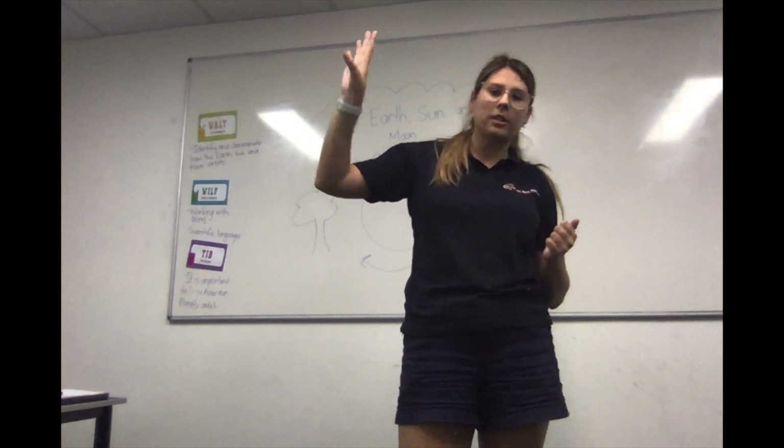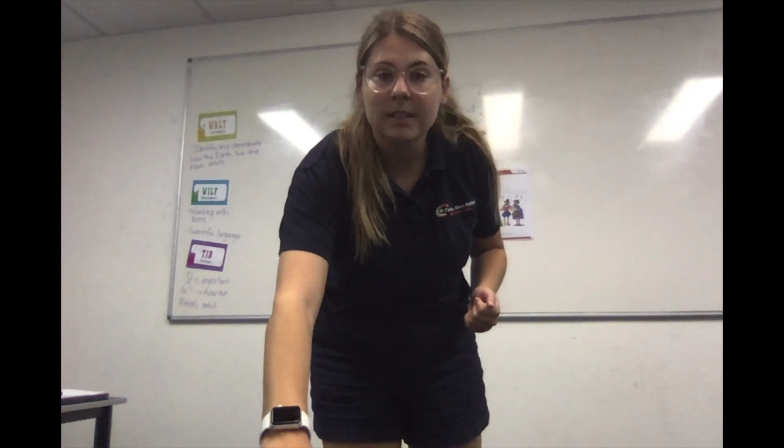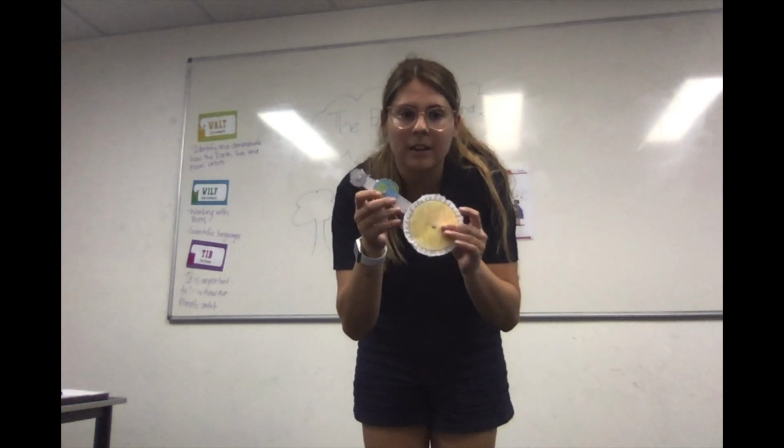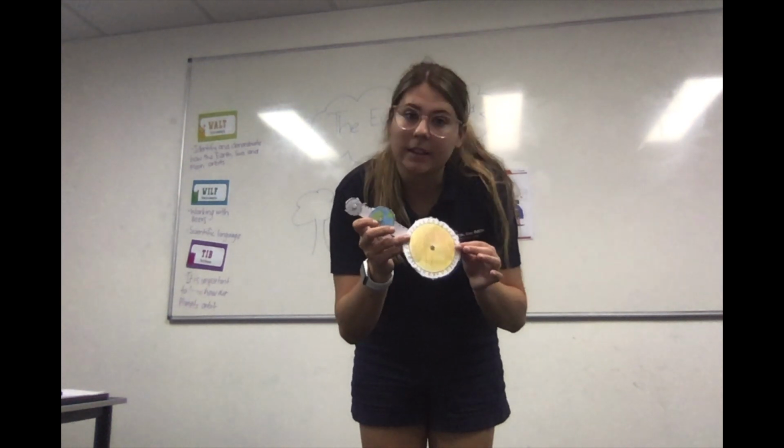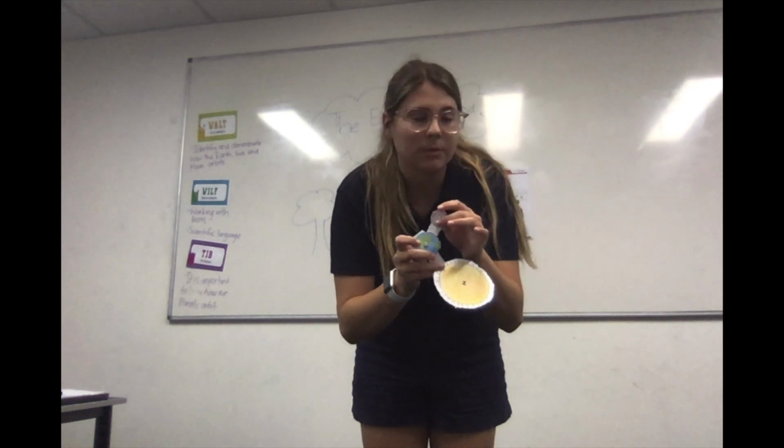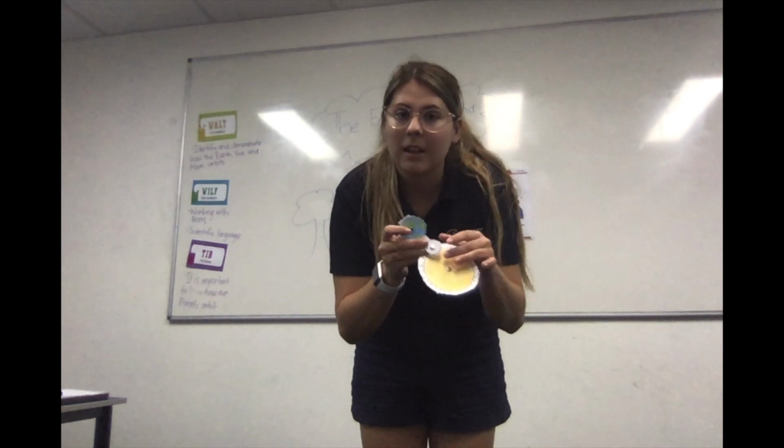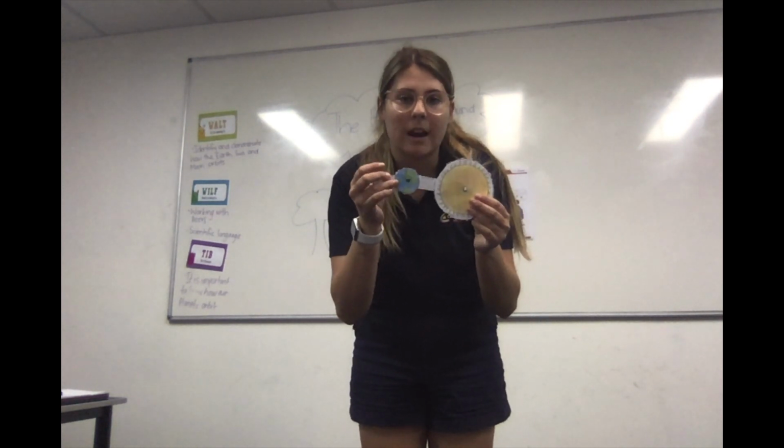So all that shows that the sun stays still, and we on Earth are the ones orbiting the sun. And because we know from last lesson that the sun reflects onto the moon, which shows our moon phases, and the sun is our main light source, that means the sun is the one that lights up our moon, and we know that the moon orbits around the Earth.